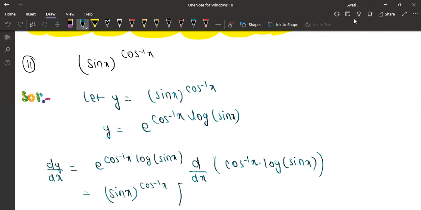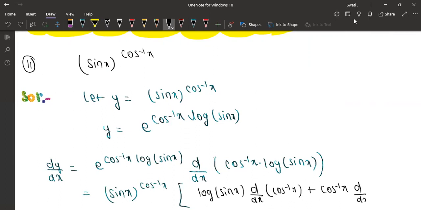Here we will apply the product rule, as you know. So log of sin x as it is. And by product rule, we will do the derivative of cos inverse x. And now we will keep this cos inverse x as it is. And we will do the derivative of log of sin x. Right?